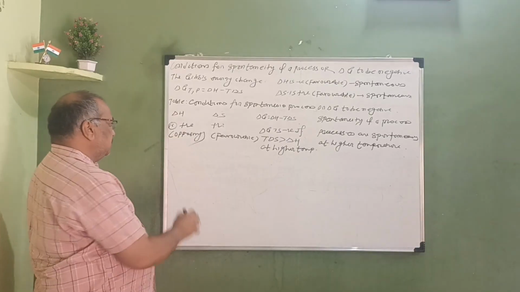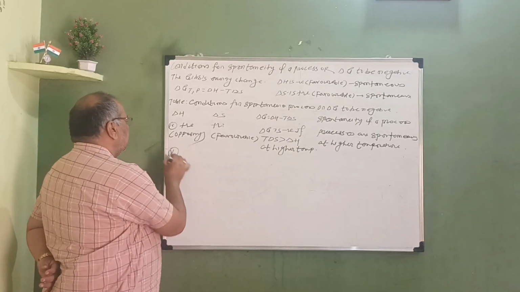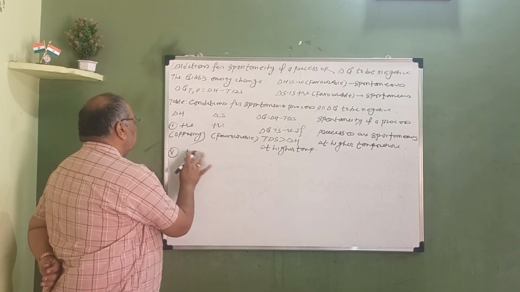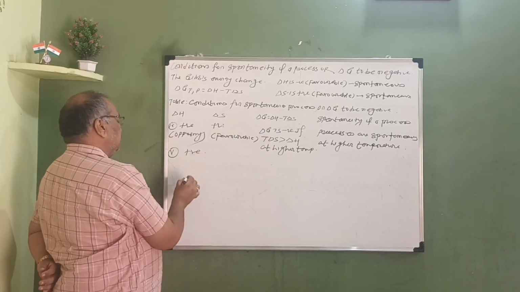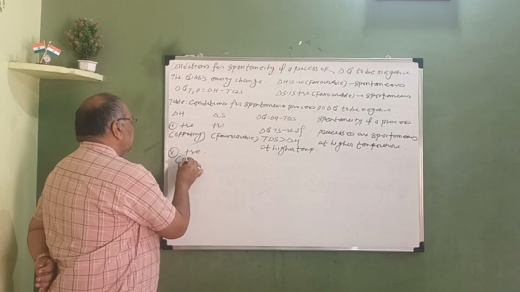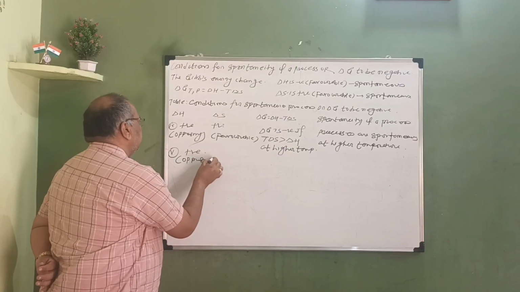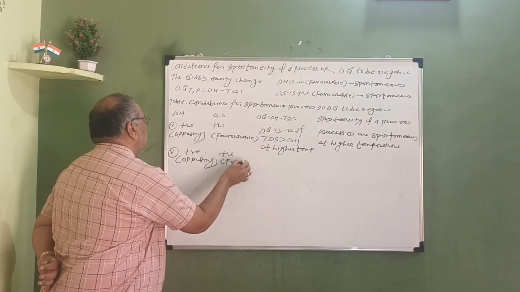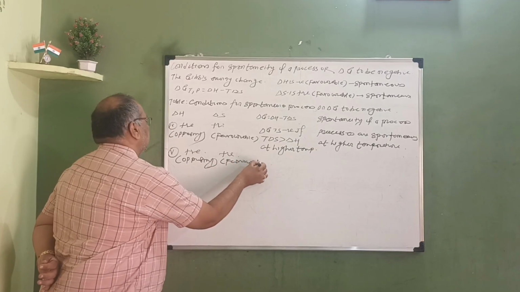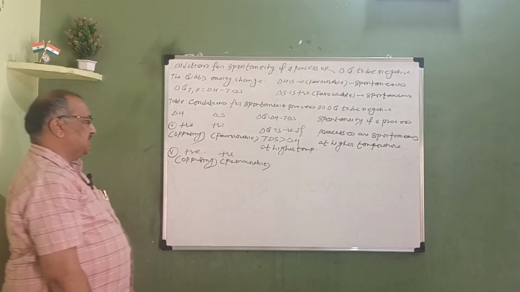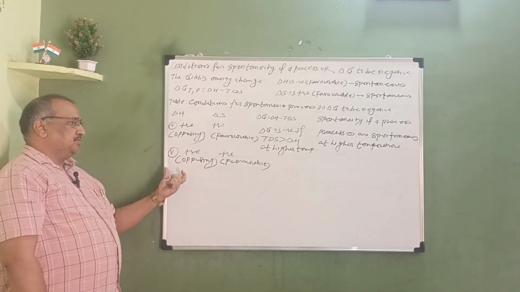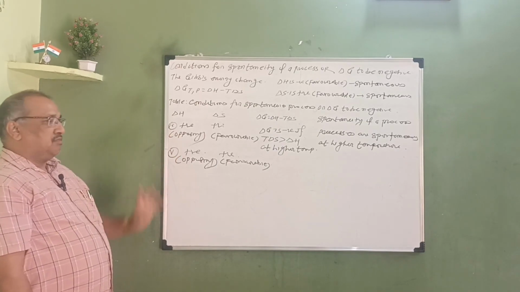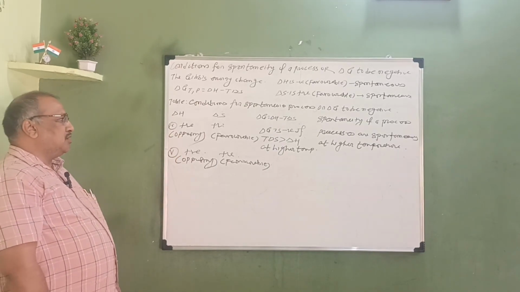Now here fifth, positive opposing and here positive favorable. That means it is the sub-classification of classification number 4.